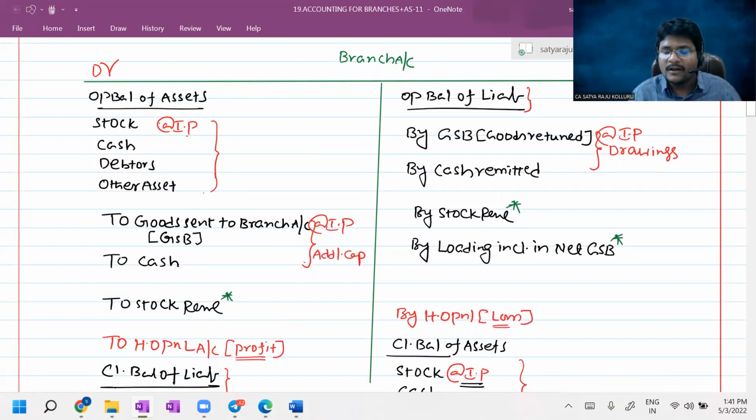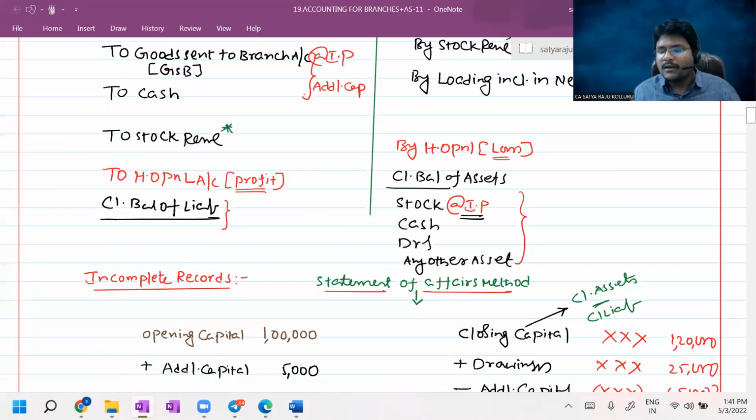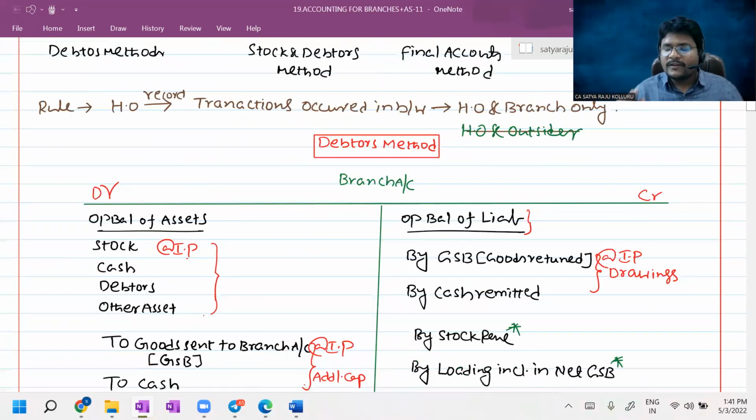That's why it needs to be reported separately as a stock reserve. And the profit included in the goods sent by head office to the branch also needs to be eliminated as loading included in net GSB. Then all the figures are at cost price, and you can derive the head office profit or loss. That's it, guys, with respect to the debtors method.